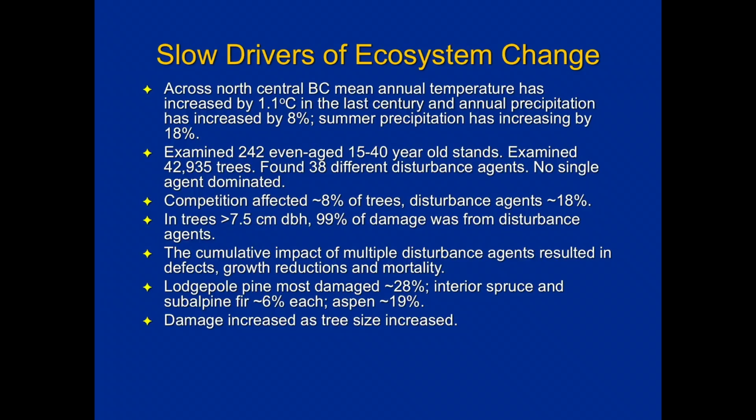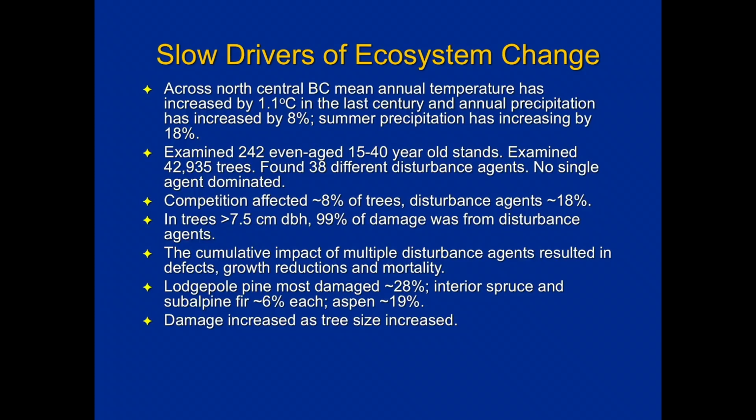So I mentioned what we looked at. In total, we looked at almost 43,000 individual trees. And we found 38 different disturbance agents that were affecting these trees, although no one single disturbance agent was dominant. So by disturbance agents, I mean things like insects, pathogens, snow damage, pretty much anything that damages a tree.